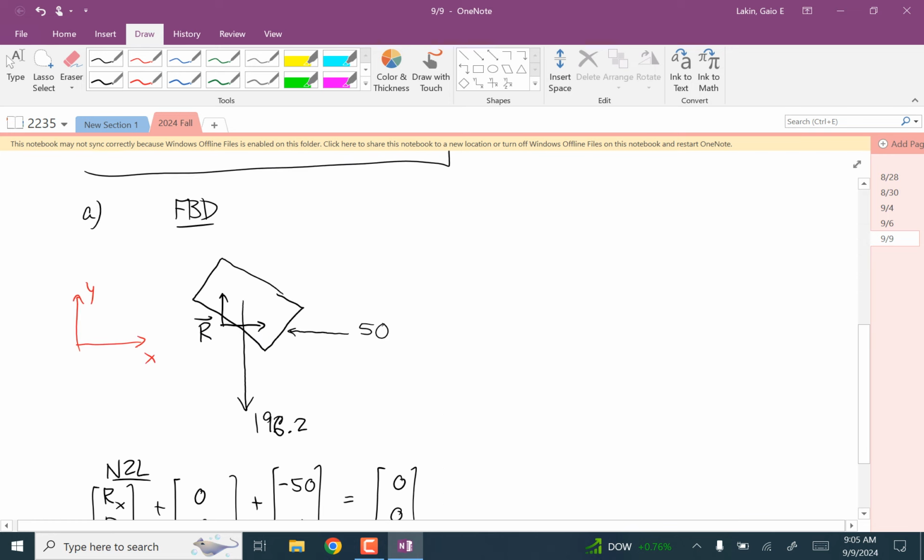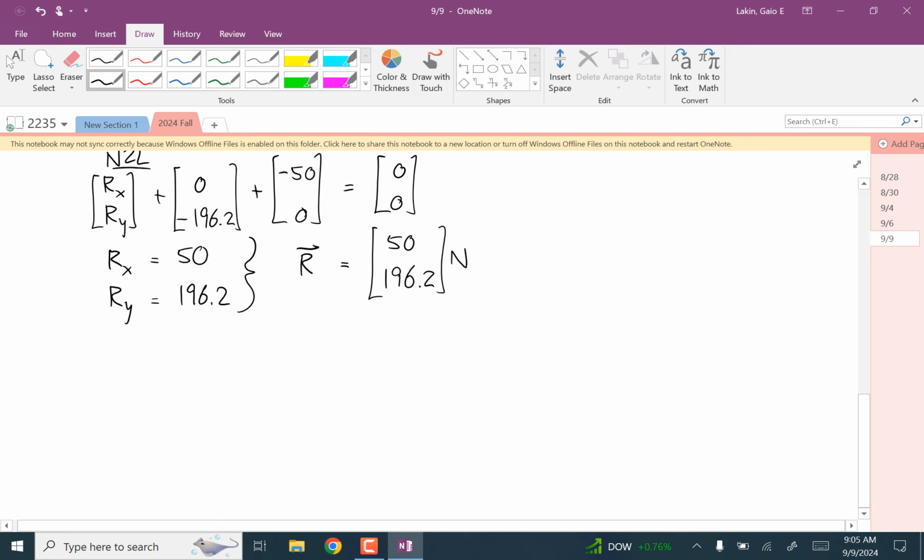Okay, so this is part A. Part B, we want to know what's the force that the block applies to the incline. This is the force vector that the incline applies to the block, right? And so Newton's third law then says, you could write this as the force on the block by the incline.